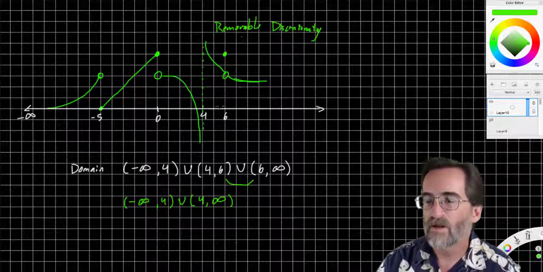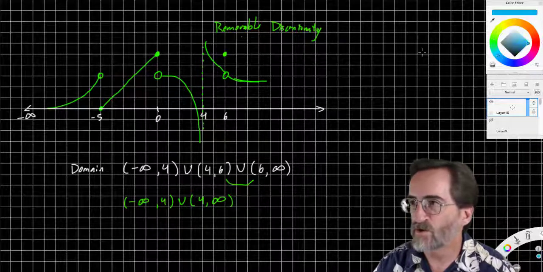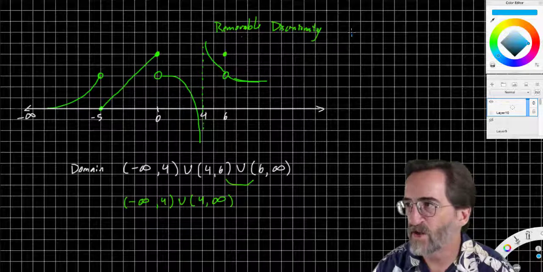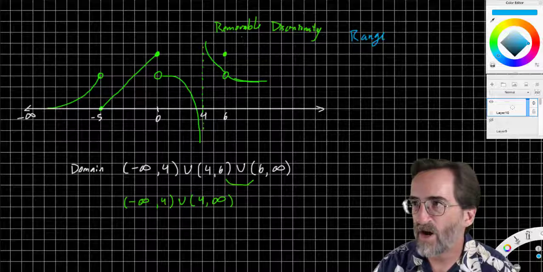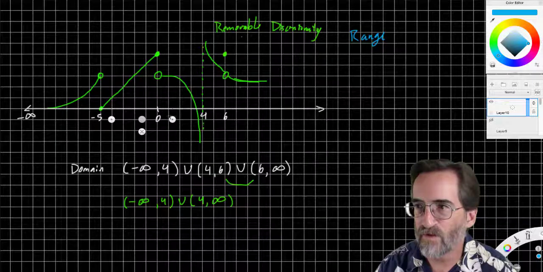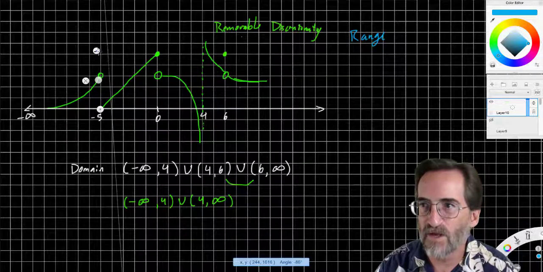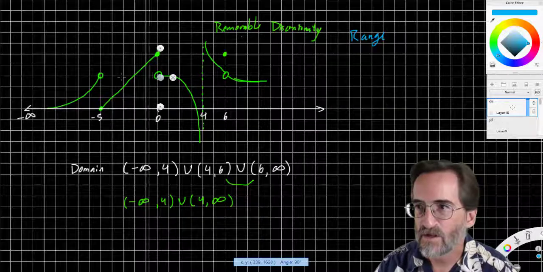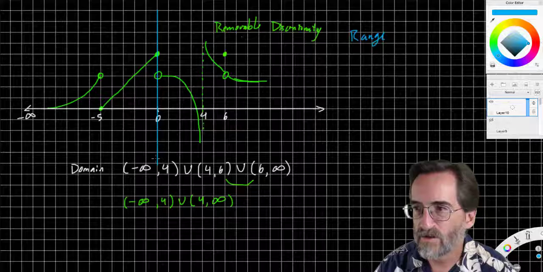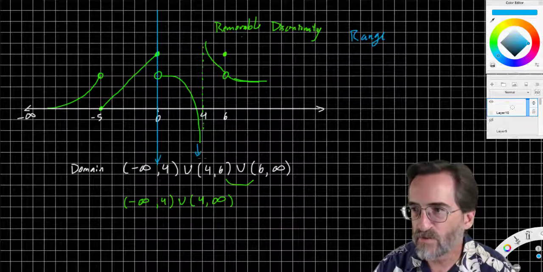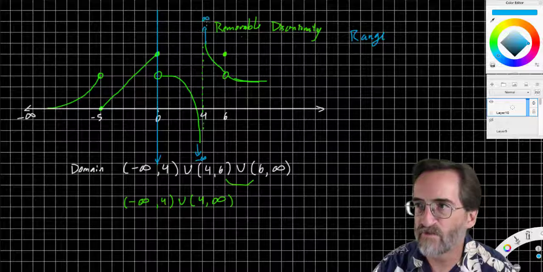Okay. Now, as far as range goes, that's the domain. As far as the range goes, think of the height, the up and down values that we get out of this function. Well, as I look at it here, it looks like this goes all the way down to negative infinity, and this goes all the way up to positive infinity.